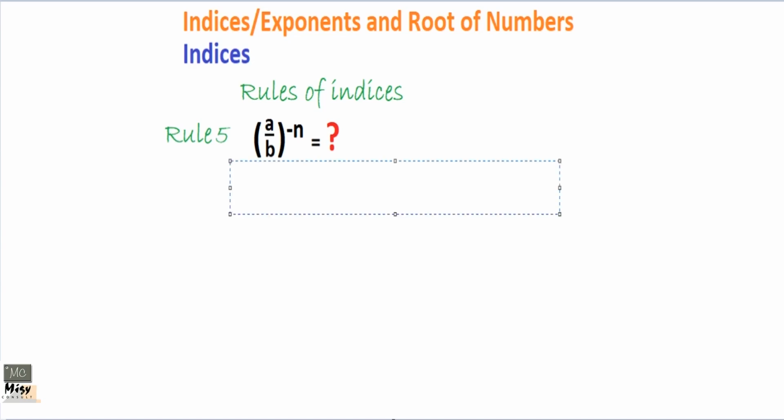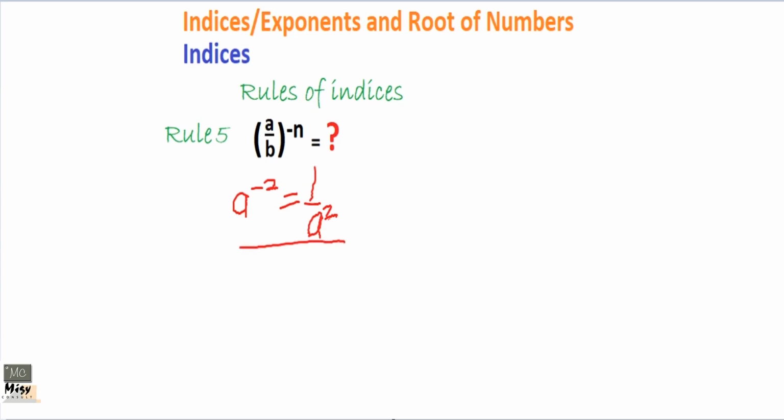If you have a raised to the power negative 2, it is the same as 1 over a squared, which we've talked about already: when it's negative, when you bring it down, it becomes positive.